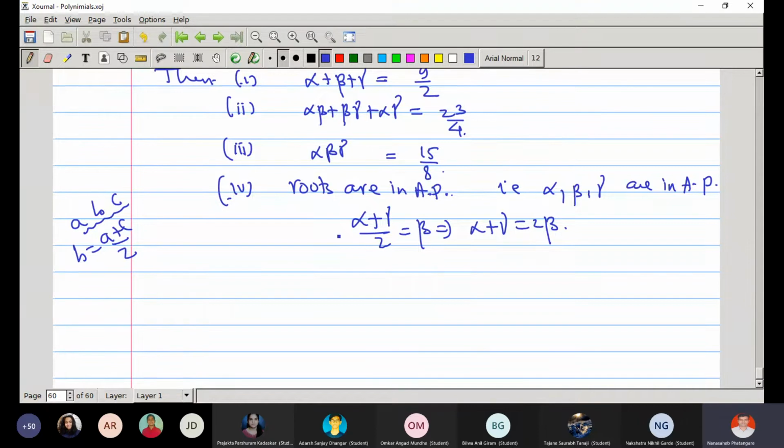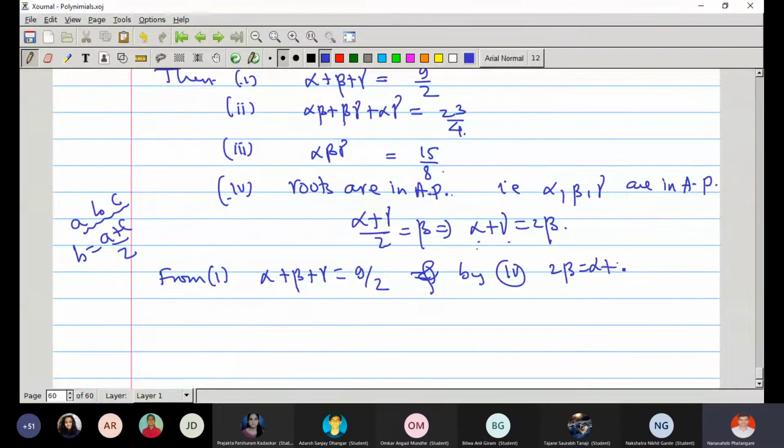Now from 1, alpha plus beta plus gamma is equal to 9 by 2, and alpha plus gamma is equal to 2 beta. Therefore, 2 beta plus beta is equal to 9 by 2.